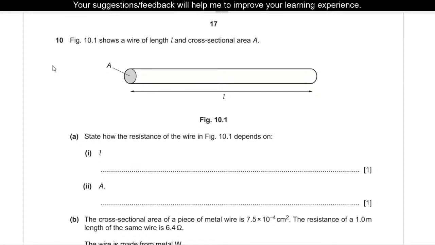Okay, so if you have studied the chapter of electricity, R is equal to rho L over A. R, the resistance, is directly proportional to the length and it is inversely proportional to the area.